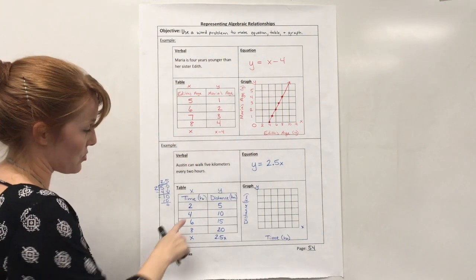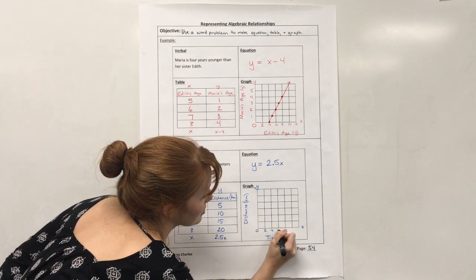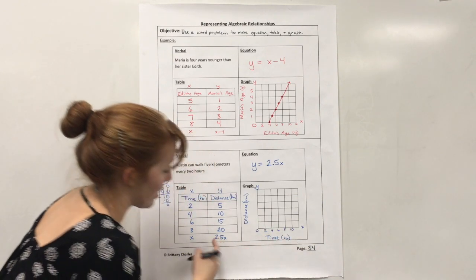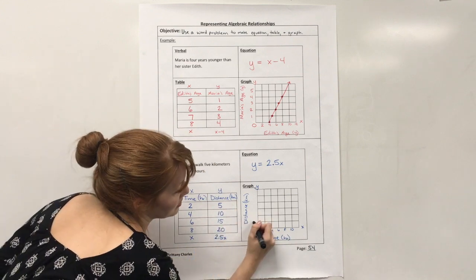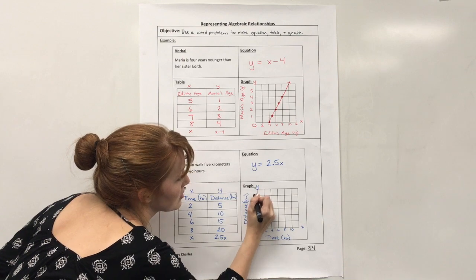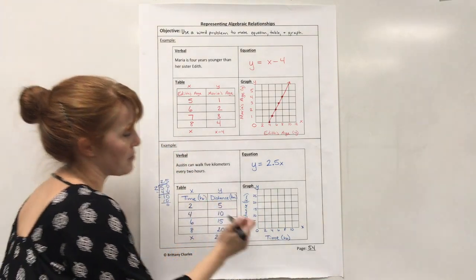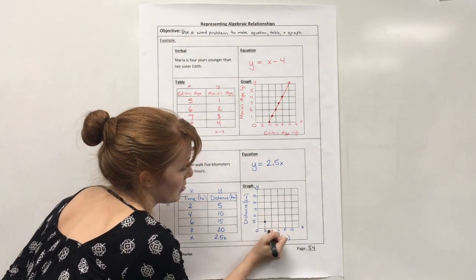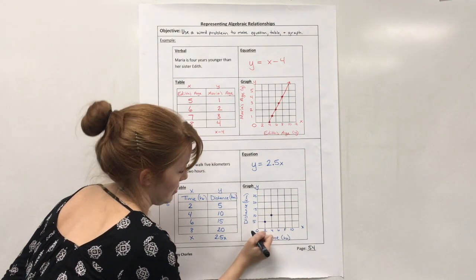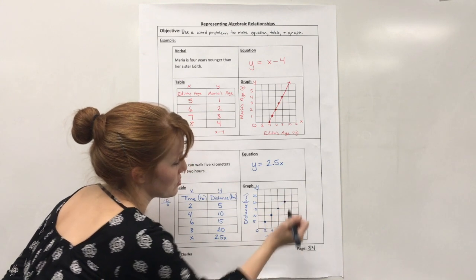Okay, and so again, I'm going to count by 2s here. 2, 4, 6, 8, 10, and I'm going to choose to count by 5s. 5, 10, 15, 20, 25. All right, so here are my ordered pairs, 2, 5, 4, 10, 6, 15, 8, 20, and so forth.